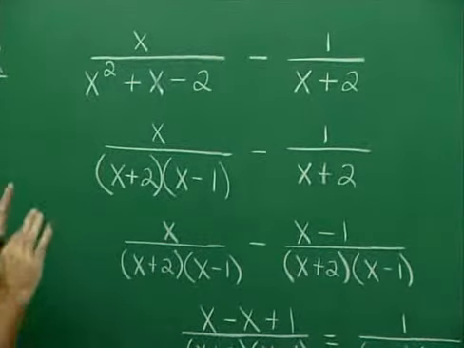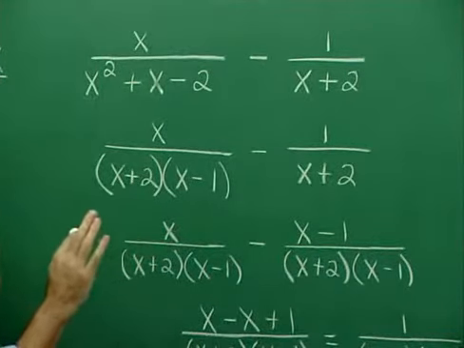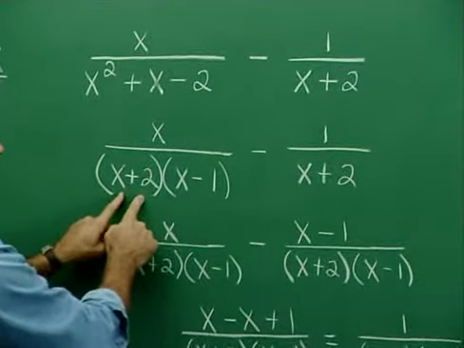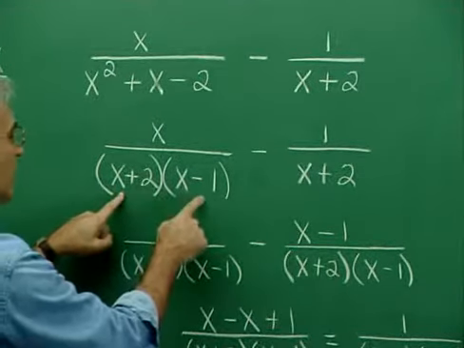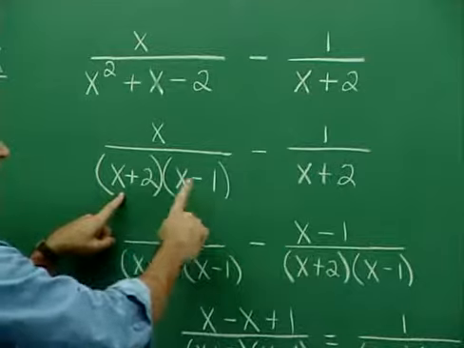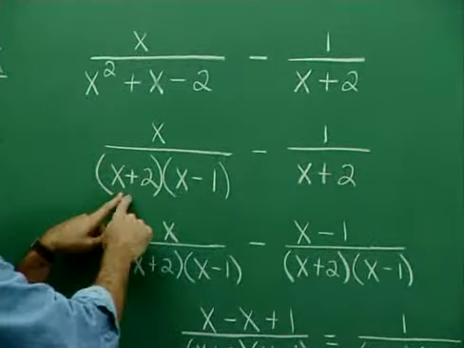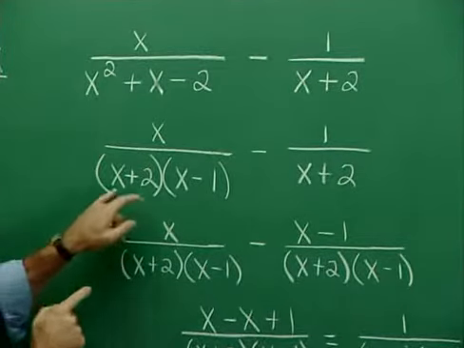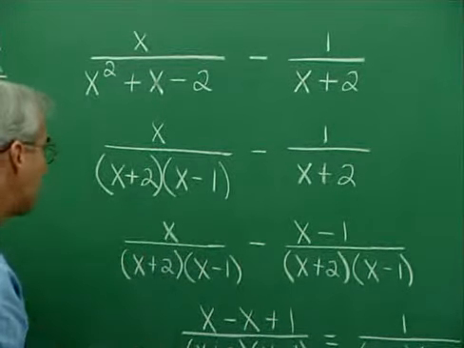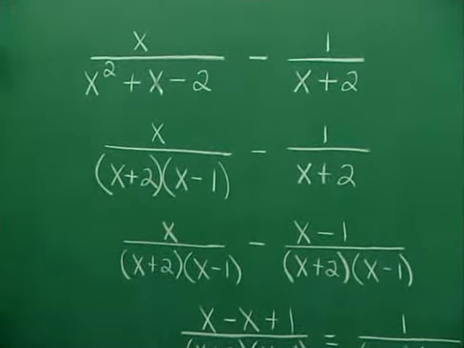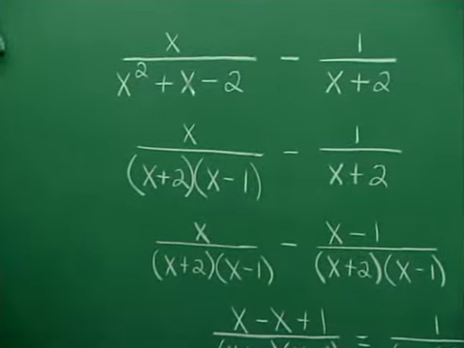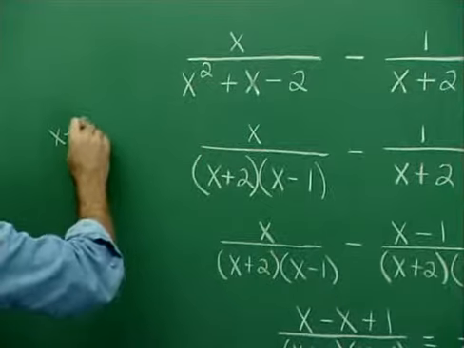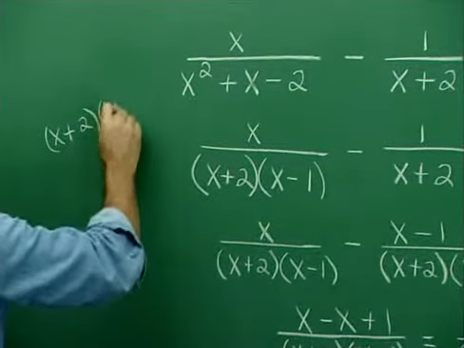All right, now, every different factor that we see will be part of the common denominator. We see x plus 2, that's part of the common denominator. We see x minus 1, that's part of the common denominator. We see x plus 2, oh, it's already there because we identified it over here. So our common denominator is just this product. And often it's valuable to go out on the side and actively write it down. Our common denominator is x plus 2 times x minus 1.